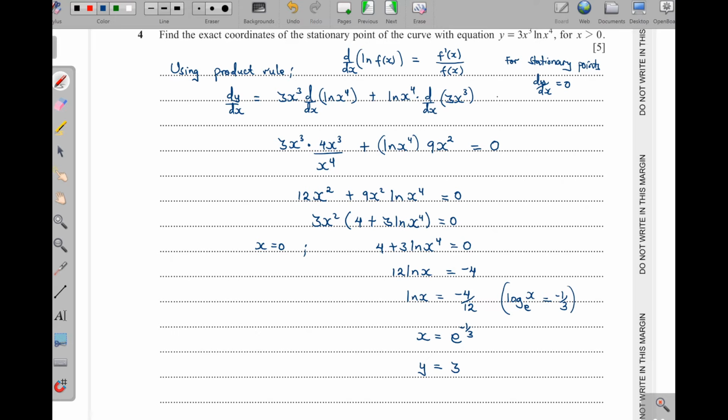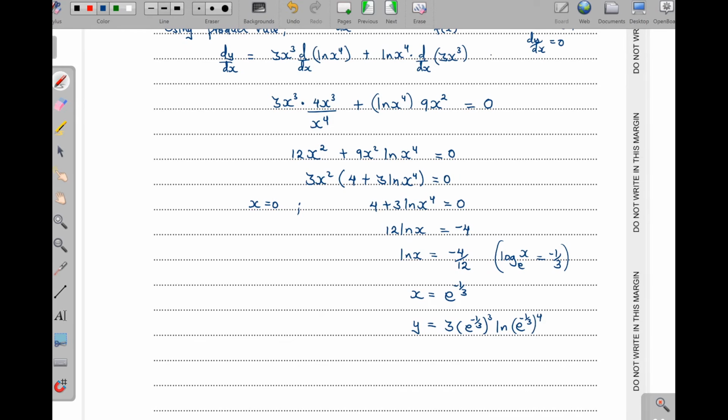So this will be 3, then times e to the power of negative a third, but it is cubed. And then what else? We have the natural log of x here, then power 4. So what do we get here? First of all, this one will be e to the power of negative 1, because these ones will multiply, not so?